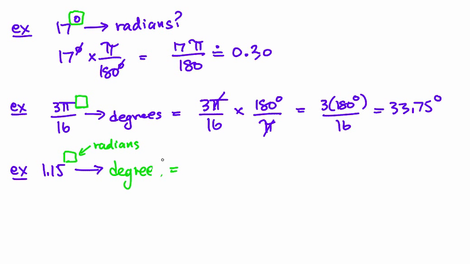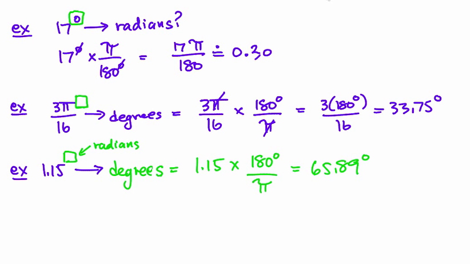Once you know what you're converting between, then you just do the conversion. 1.15 times 180 degrees over pi. I can do all of that on my calculator, and I'll round to 2 decimal places, and I get 65.89 degrees. We'll be working with radians and degrees and converting back and forth a lot this year, so we'll definitely need some practice with all of this.